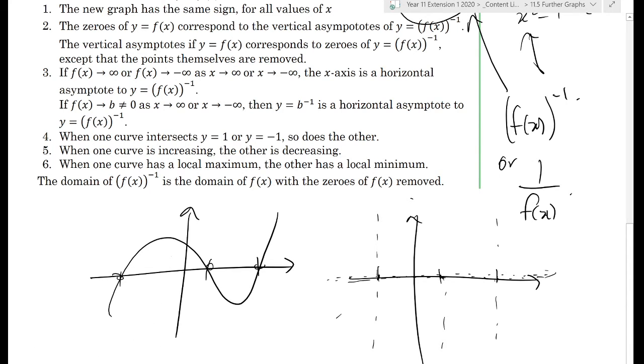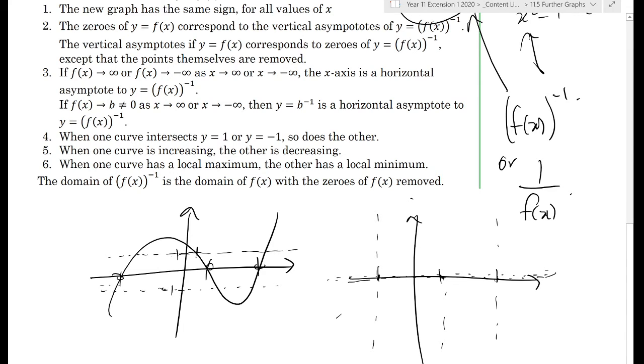Now, back to my picture. When one curve intersects at y is equal to 1 or y is equal to negative 1, so does the other. So let's say that y is 1 there and y is negative 1 there, okay? Look for the values where my function is going through those values. That's where my inverse function also goes through those values.